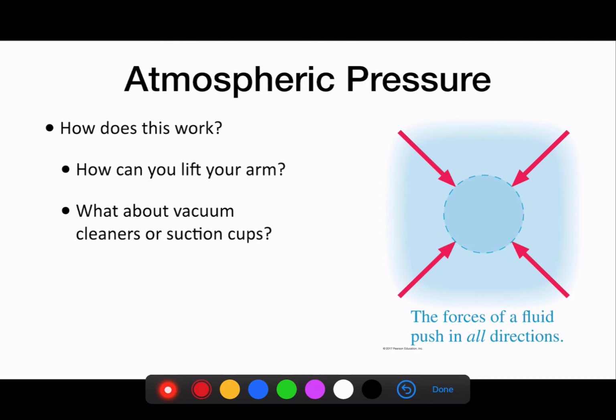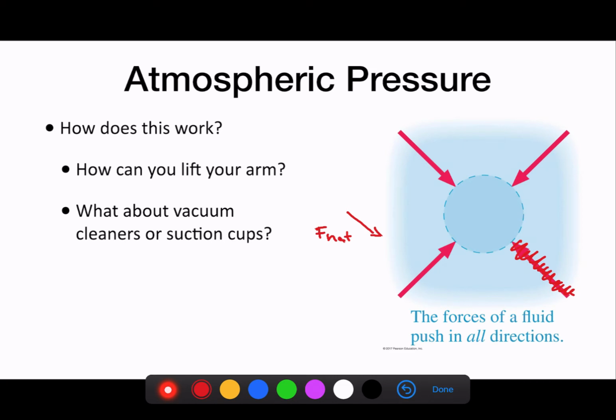Now, what about vacuum cleaners and suction cups? This is what happens if there's no air on one side. If we take away one of these forces, we no longer have a net force of zero. We'll have a net force in this direction. This is essentially what a vacuum cleaner or a suction cup does. The vacuum cleaner is removing air from one side.